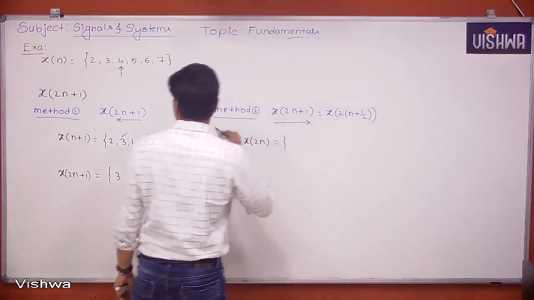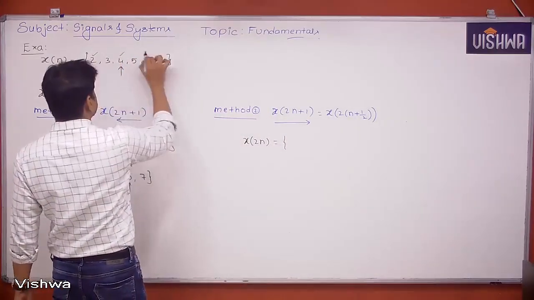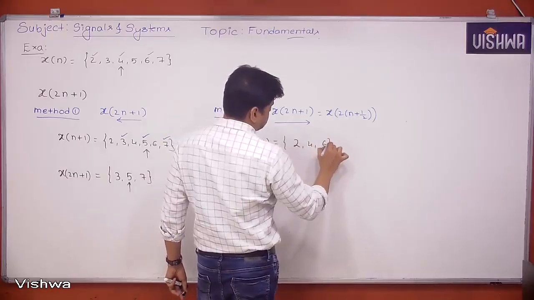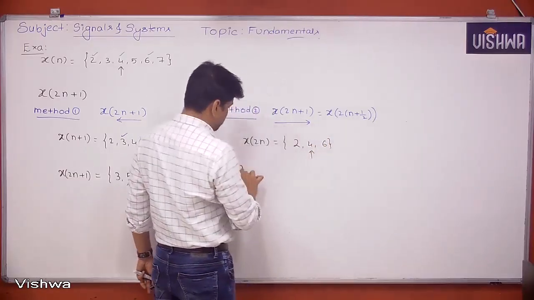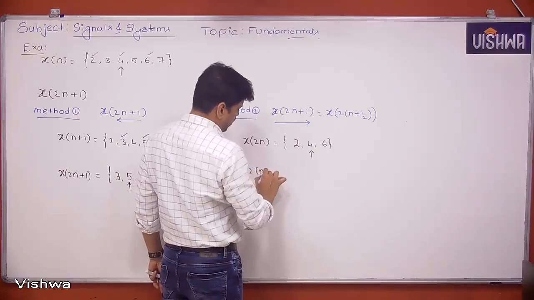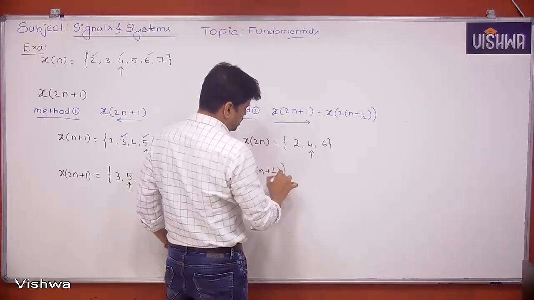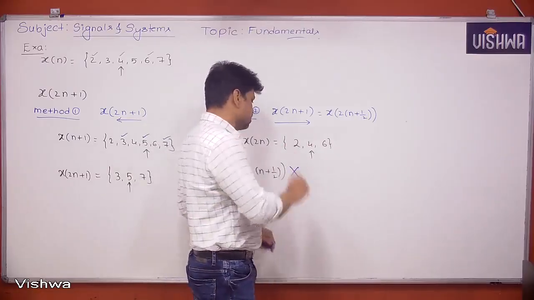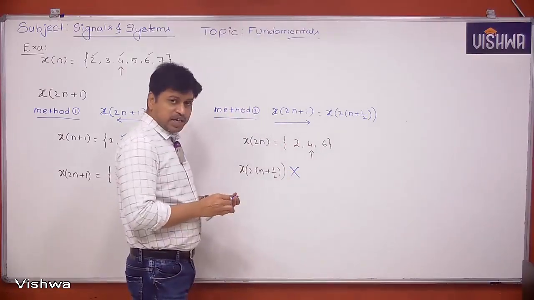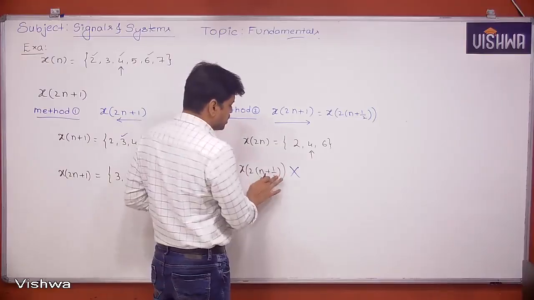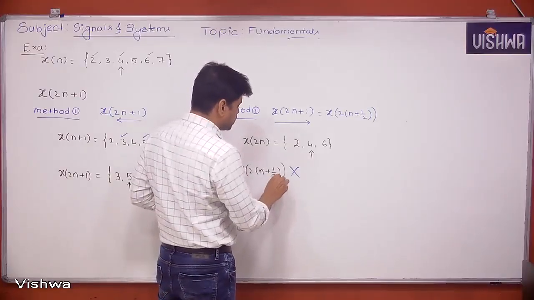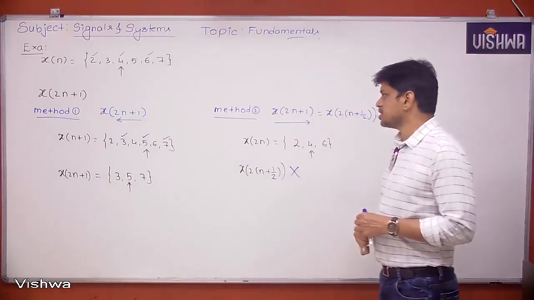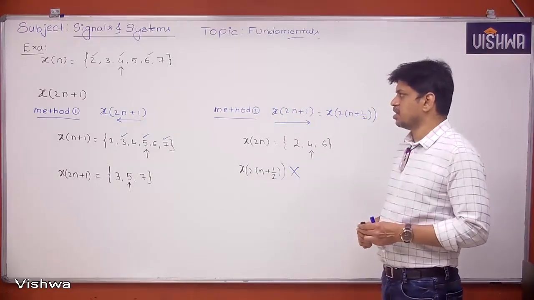Keep the 0th position as it is and pick every second sample: 2, 4, 6. Next, x of 2 into n plus 1 by 2. Is it a possibility? No, we cannot calculate this. Why? Because it involves a non-integer shifting, which is 1 by 2. I told you, in the discrete time case, non-integer shifting is not possible.